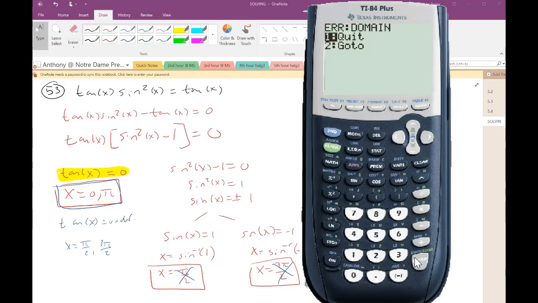Specifically, the only places where tangent is undefined are pi over 2 and 3 pi over 2. And if those are answers I'm getting from some other part, I need to discard them because the tangent being undefined there overrules that part being 0. Does that make a little bit more sense? Okay.